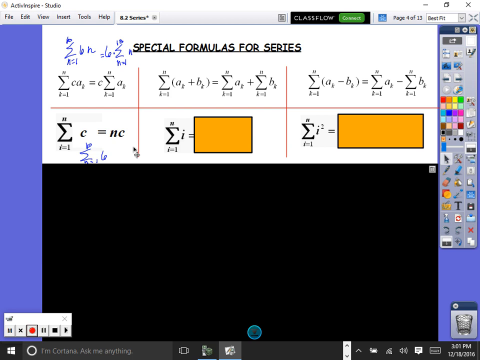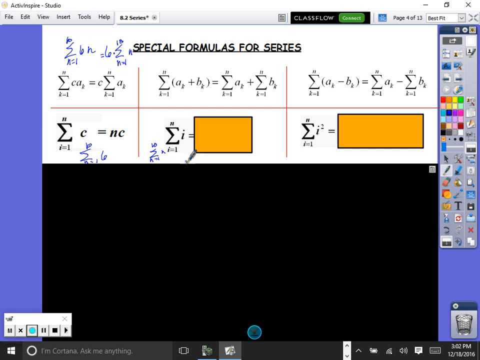Now this would be a rule I would know, but tomorrow I'm going to teach you a different way to do it, so I don't even necessarily always bother with this one. The sum of n number of terms where I'm adding up the first however many terms. So for example, the sum of 1 to 10 terms of n.